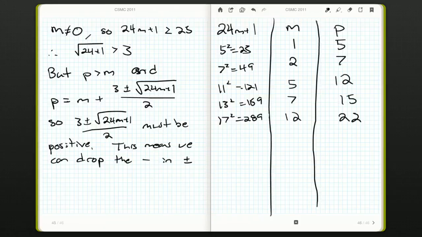So the question is, we need p less than or equal to 1,000. Where do we get that from? And then we need to find a way to count all these up.